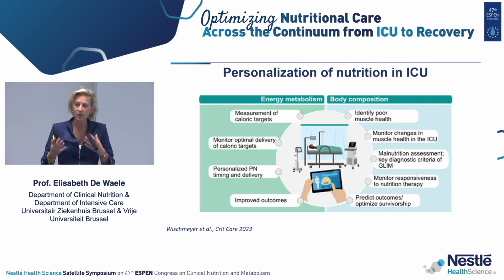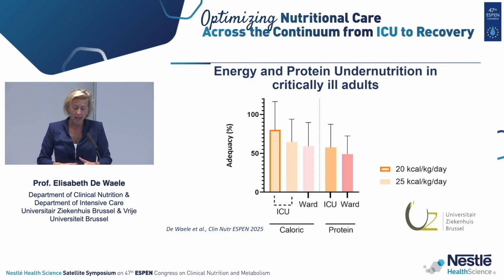So we can measure body composition, metabolic rate, we can keep track of what the patients are getting as energy and protein, and we know the things that are important. So we are coming to the same level as you have with other treatments in ICU. So there has been a good evolution over time to guide us in our clinical decision-making. But still there are many challenges.